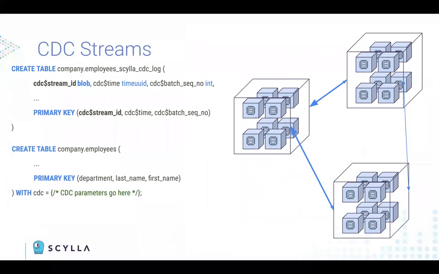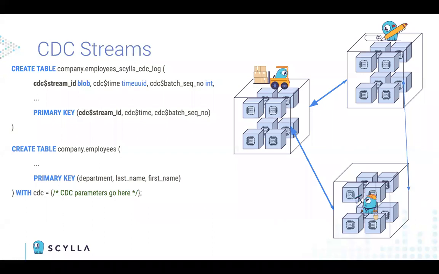So, CDC streams. You remember this CDC stream ID, which was the partition key of the CDC log? It's specially selected. When we have a cluster on which Scylla is running, data is not only partitioned across the nodes in the cluster, but it's also partitioned across CPUs on each node. We call them shards.